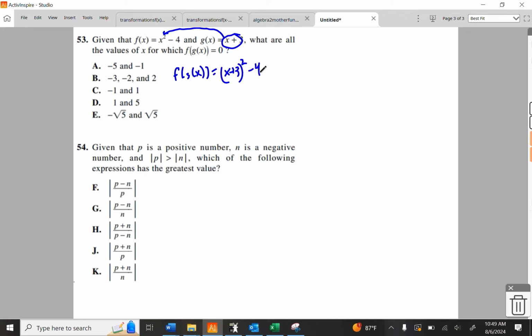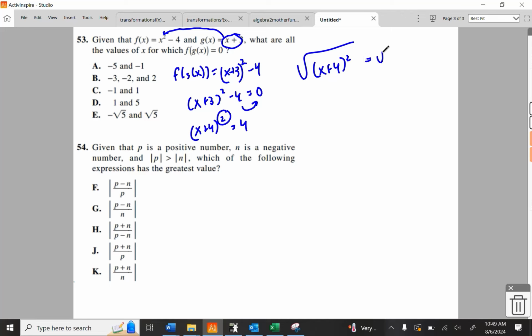Now, the goal here is where is this 0? So now we ask ourselves, where is x plus 3 quantity squared minus 4 equals 0? This is just a handful of steps. We're going to add 4 to both sides. We're going to counteract a square by taking a square root of both sides. The square root of 4 is going to be plus or minus 2.